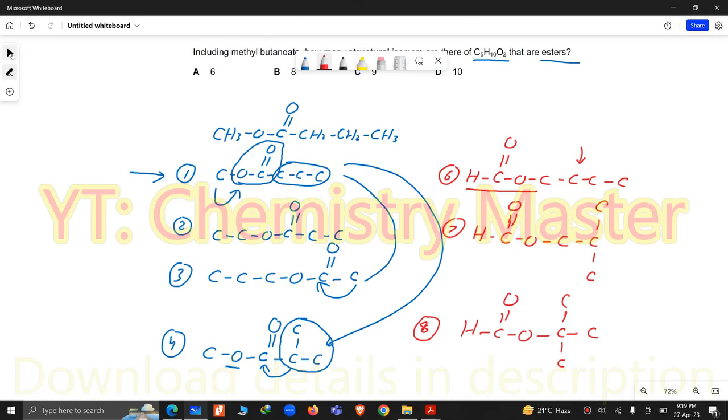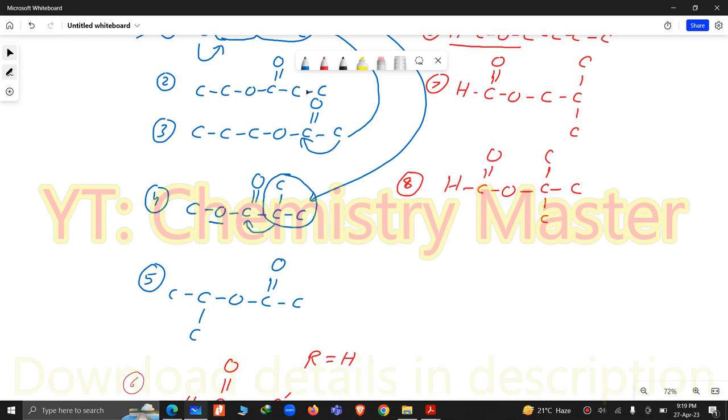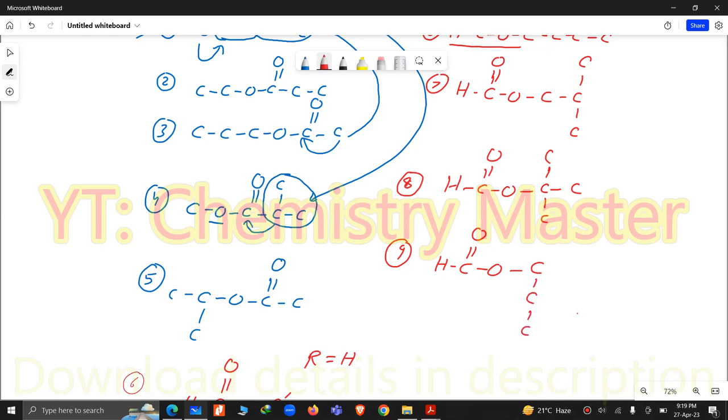Then the last isomer I can make is the 9th one. It shall be like hydrogen and carbonyl over here, oxygen, and then this carbon is bonded with the ethyl group over here, and then there is a methyl group over here. This is methyl and this is ethyl.